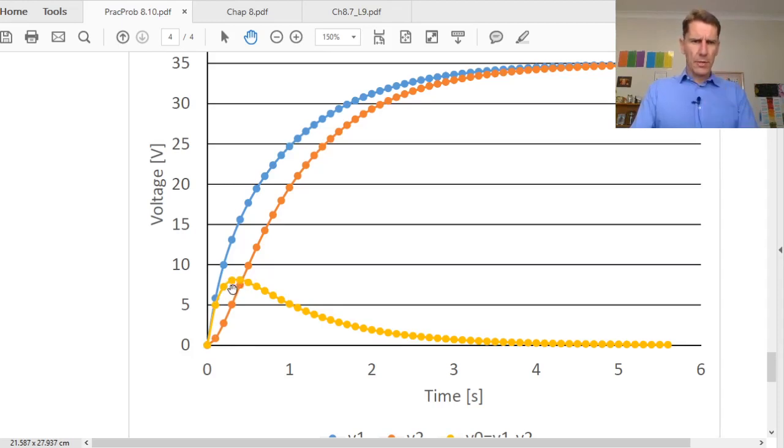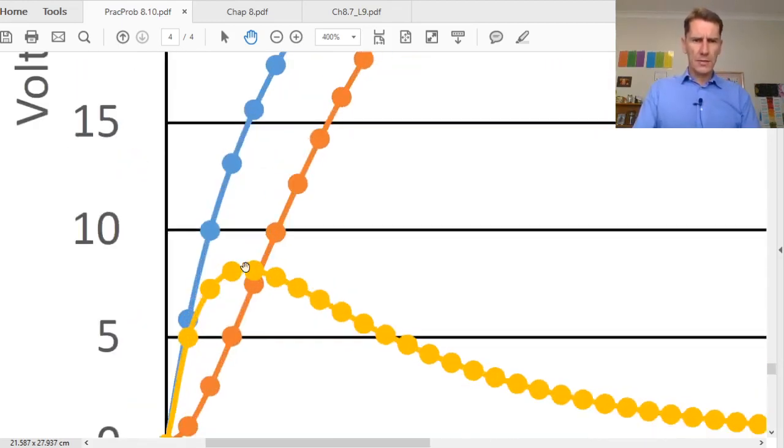So what does it tell me? That at this point of maximum current, you've got the maximum difference between the blue and the orange line.